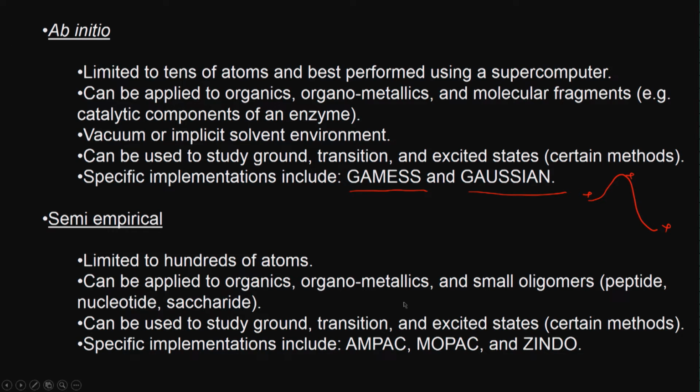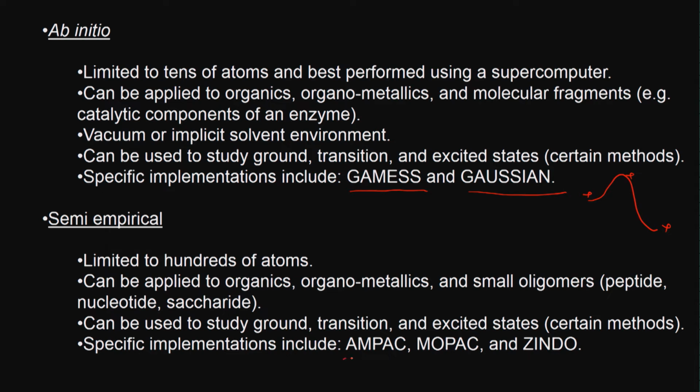If you really want to look at small changes, such as between different enantiomers, I would not recommend this; I would recommend the ab initio method. Many semi-empirical methods you will come across, such as AMPAC, MOPAC, ZINDO, AM1, PM3, which you will use as you go along.